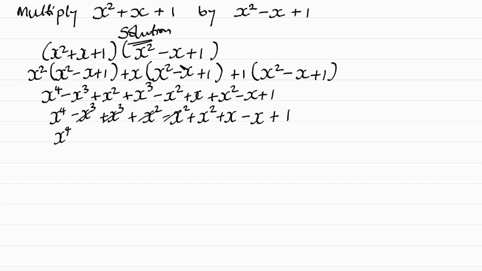This will also cancel out. We're left with plus x raised to power 2. Plus x minus x will also cancel out, and we're left with plus 1. This gives us our final answer as x raised to power 4 plus x raised to power 2 plus 1. Thank you.